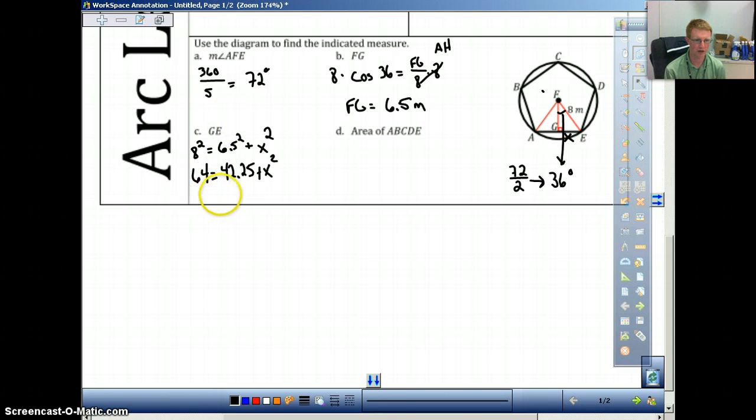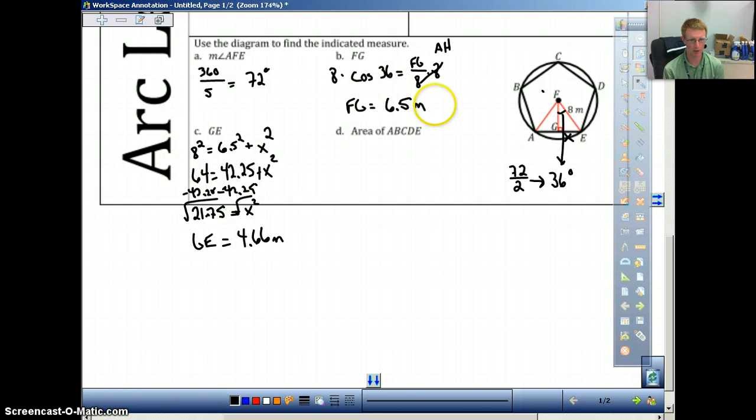Then we subtract 42.25 from both sides, and we get 21.75 equals x squared. Take the square root of both sides, and we get x equals 4.66 meters. So that is what GE is equal to. That's the answer to this question right here.